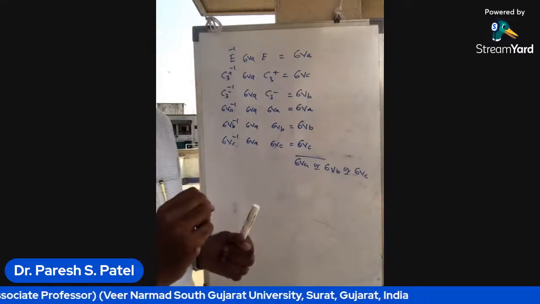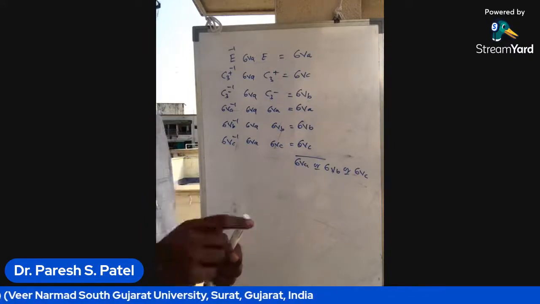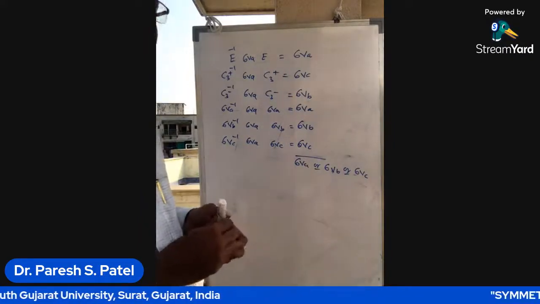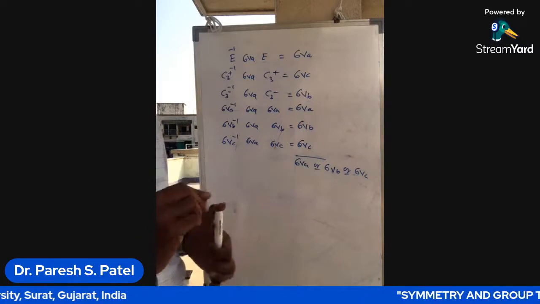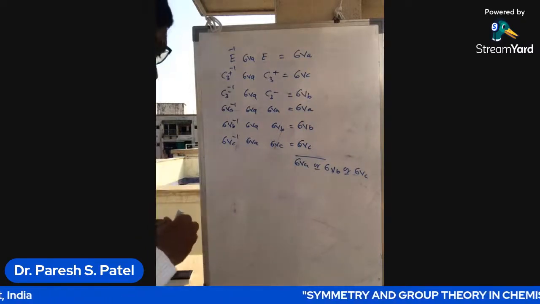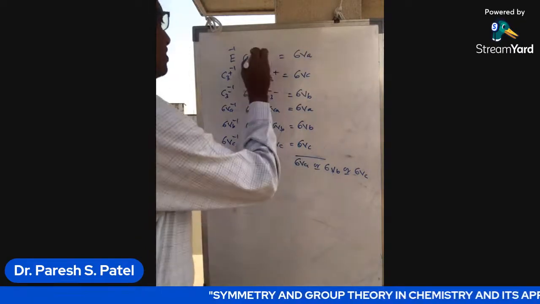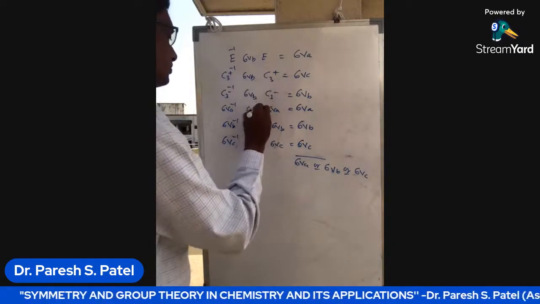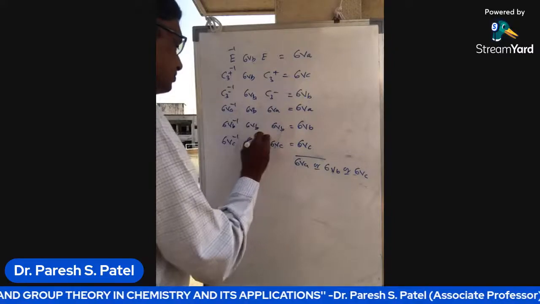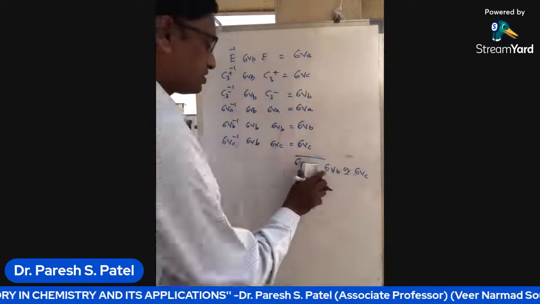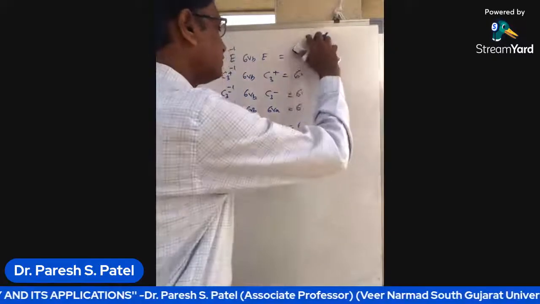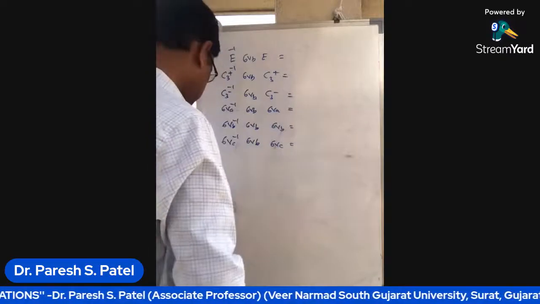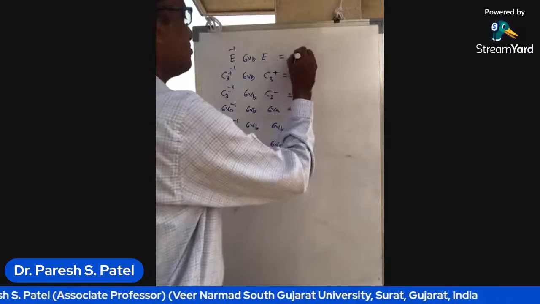So in the case of the ammonia molecule, the third class is sigma Va, sigma Vb, sigma Vc, as 3 sigma V. Similarly, if you go for the sigma Vb, then what will be the result? So here the answer is sigma Vb.